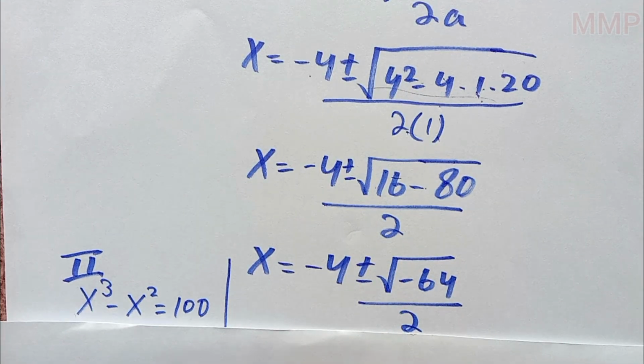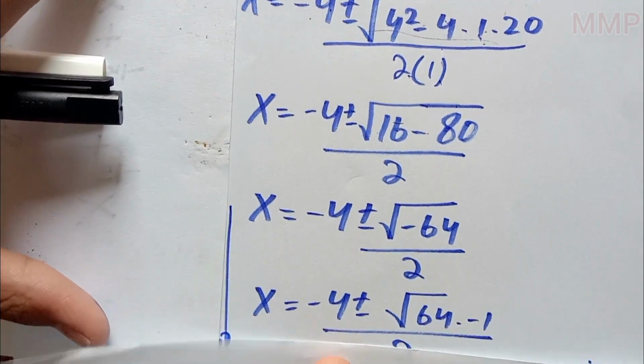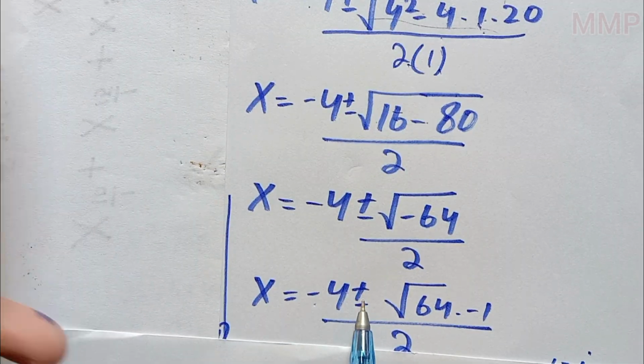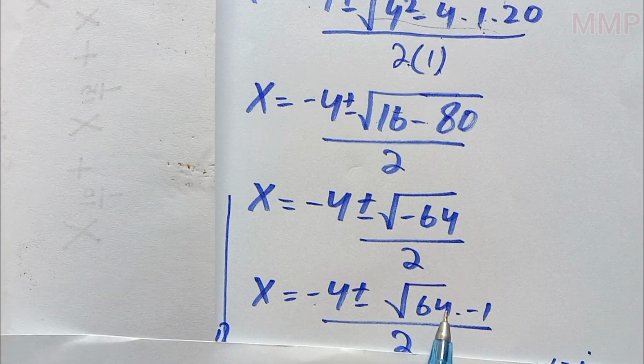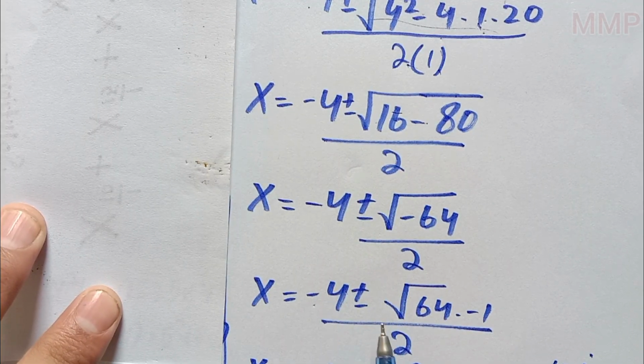In the next step we solve this under root minus 64. x is equal to minus 4 plus minus under root 64 into minus 1, divided by 2.